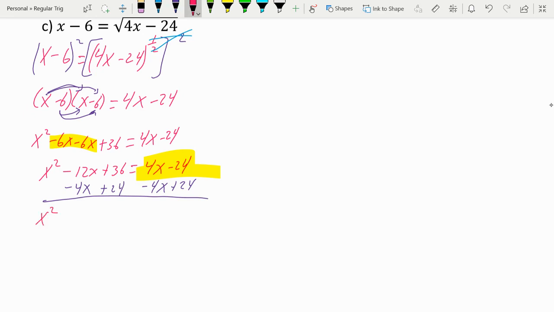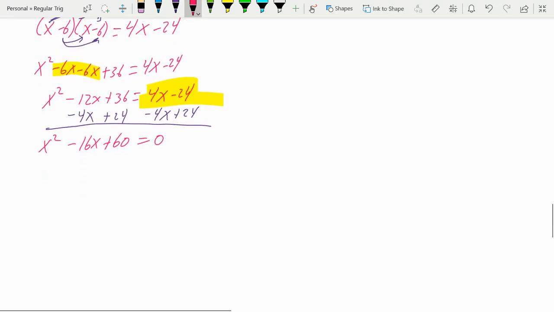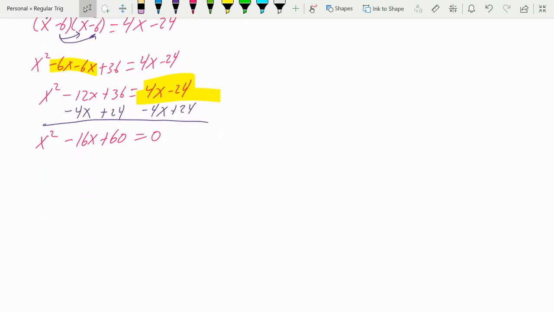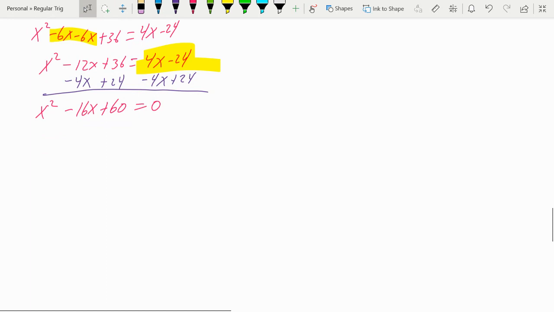So we have x squared minus 16x plus 60 equals 0. And again, you could go through and try factoring it, see if it works for you. I will just do the quadratic formula.